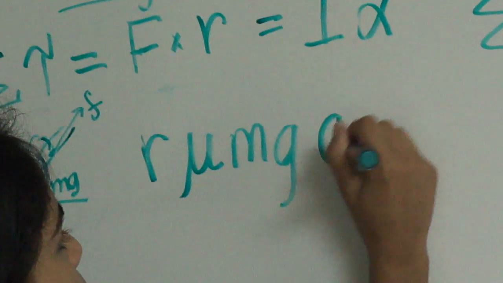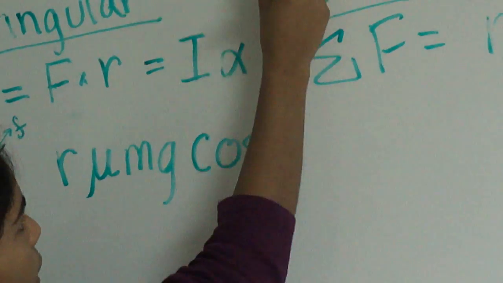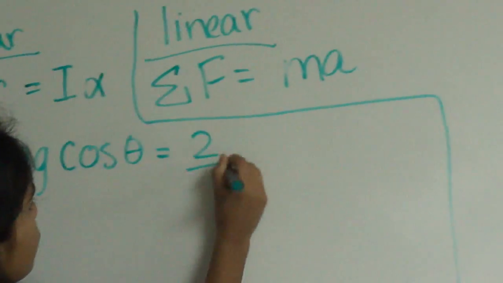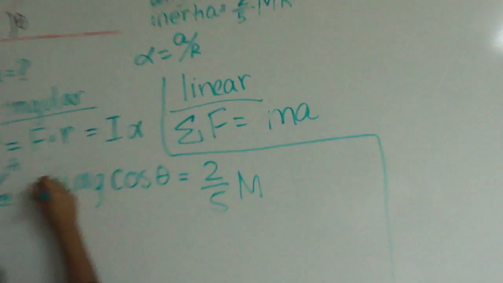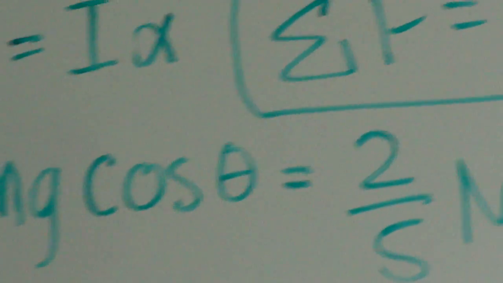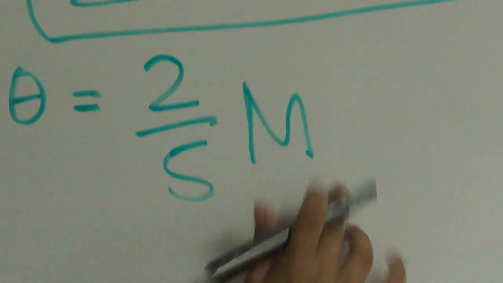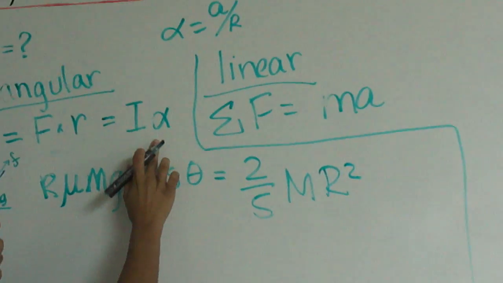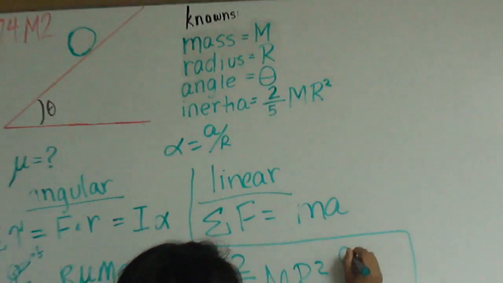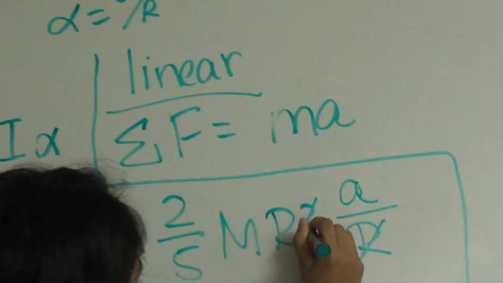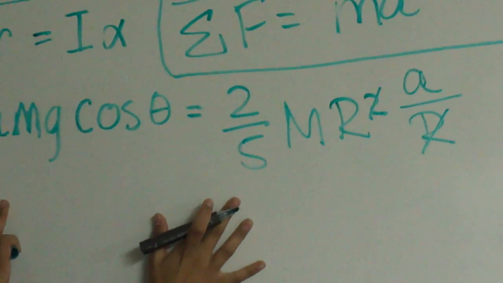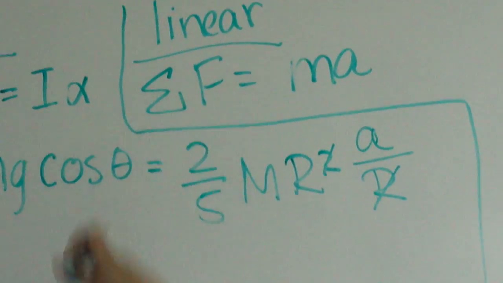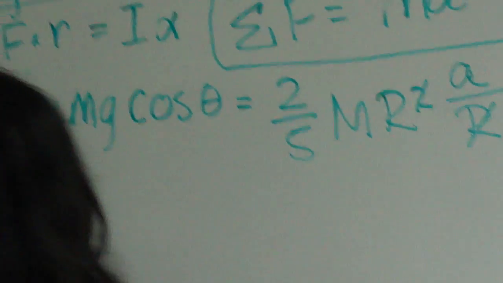So we have r mu mg cosine theta is equal to 2/5 M R squared times alpha. But instead of alpha, we're going to put a divided by the radius. We put that in and the radiuses cancel. So we have this, and that a is what we're going to use the sum of the forces to calculate.